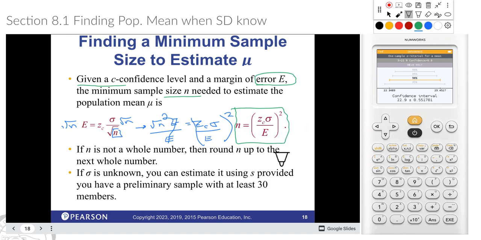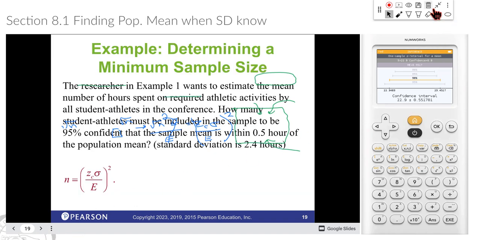Okay, so notice we will be given E, we're given the standard deviation, and we're able to get this value one way or another, again, from either the inference or from going back to the distribution. Okay, so let's look through an example, and then we're done with the lesson for the day.